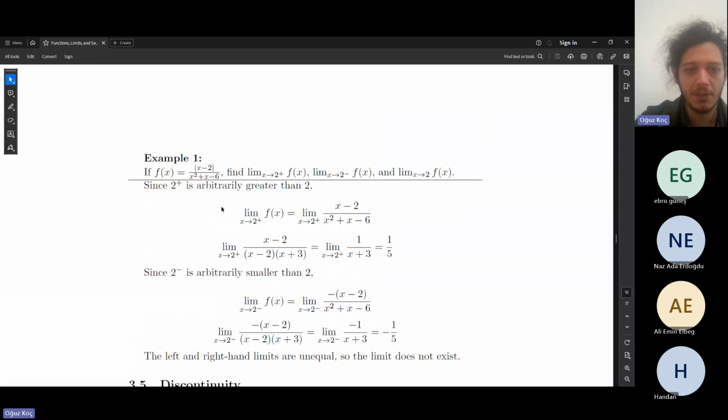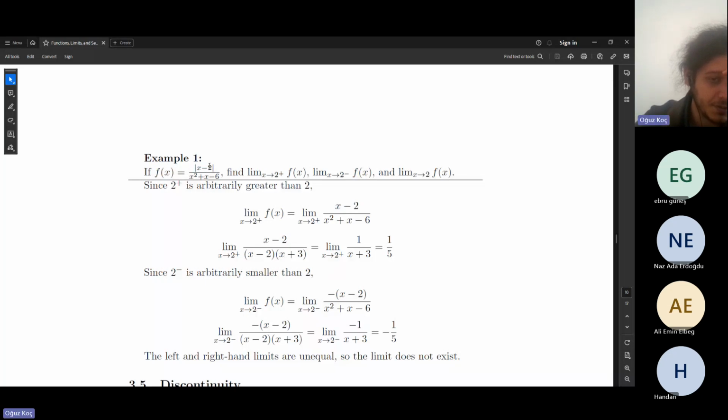We can continue with an example for discontinuity. We have a function f, which is the absolute value of x minus 2 over x squared plus x minus 6. The example wants us to find the limit of f(x) at 2 from the right-hand side, at 2 from the left-hand side, and the limit of f(x) at exactly 2. Here we have an absolute value.